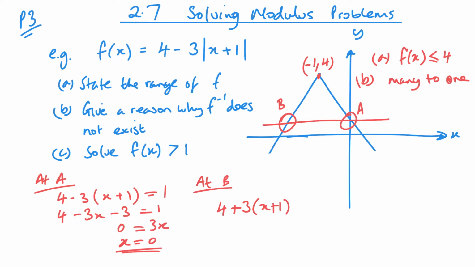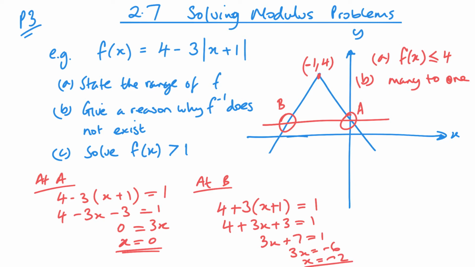So I would change the sign in front of my modulus, make this equal to 1, and then solve. So we got 3x plus 7 equals 1, 3x equals minus 6, x equals minus 2.